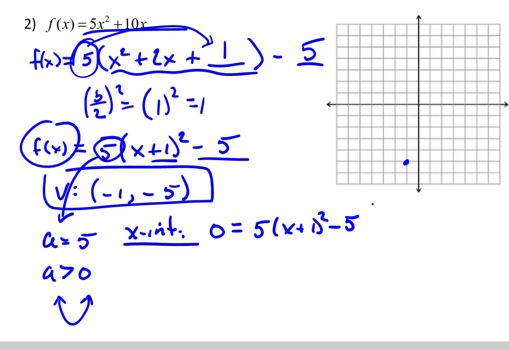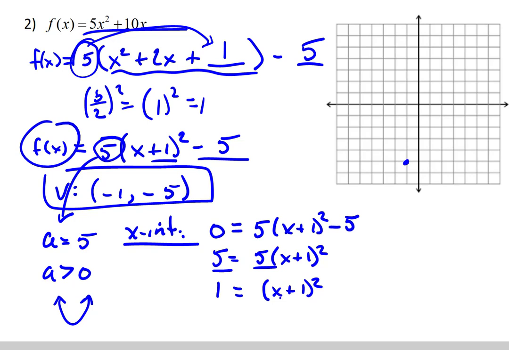Now this is just a quadratic equation, and we want to start by perhaps adding 5 to both sides, which would give us 5 equals 5 times (x plus 1) squared. And then we can divide by 5 on both sides to get rid of these 5s. That would mean we have 1 equals 1 times (x plus 1) all squared.